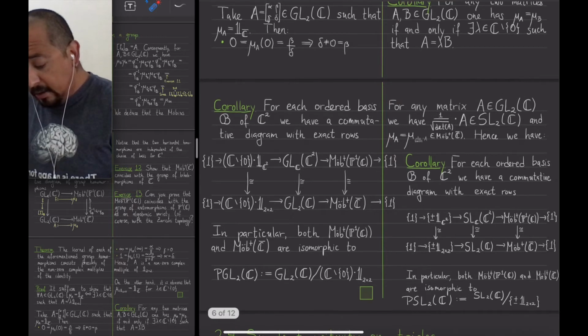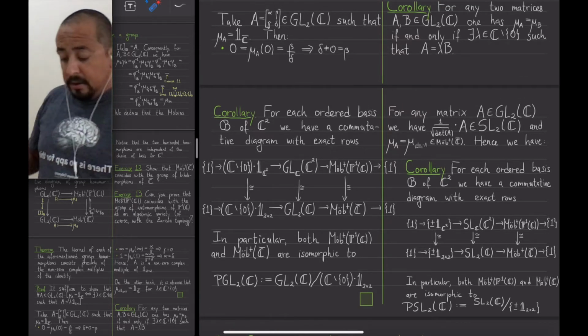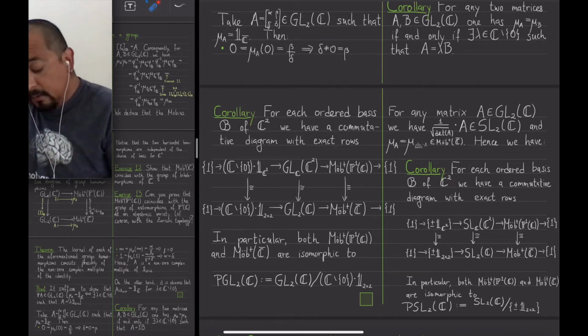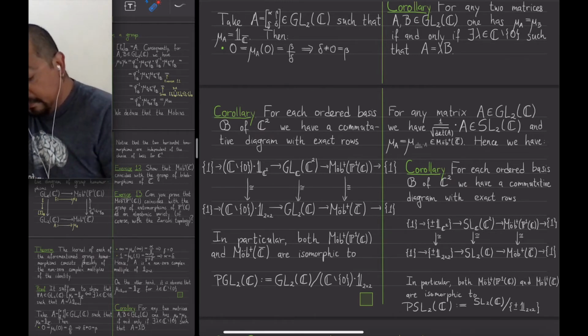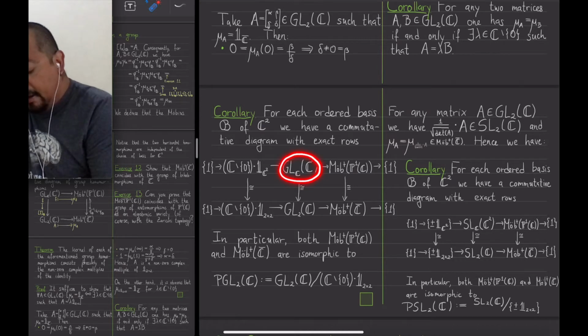Okay, and then the next is that, well, for each ordered basis of C square, we can associate to each linear map its matrix with respect to the basis B, right?